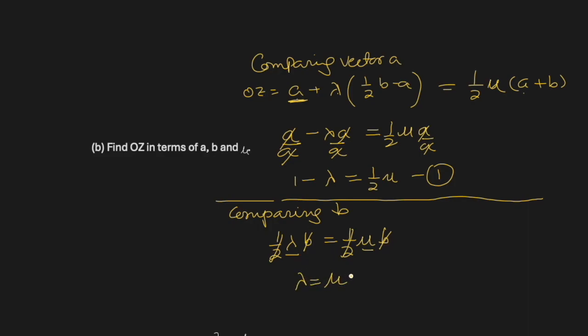Okay. So this is equation number 2. I will substitute equation number 2 in equation number 1. So this was equation number 1. In place of this lambda, let me write mu, because both of them are equal.